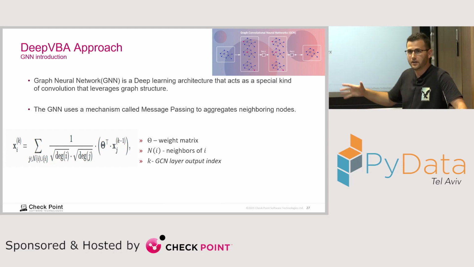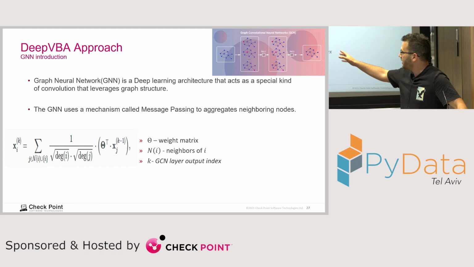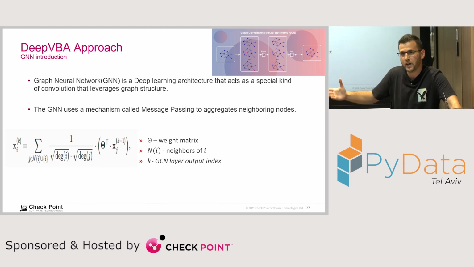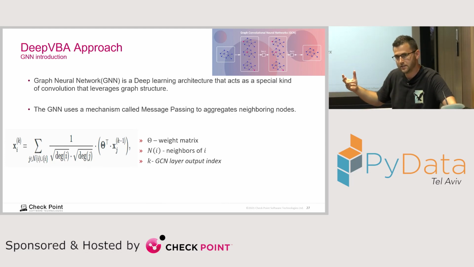If I use the analogy to a convolutional layer, Ni is the neighboring pixels, the neighboring nodes in this instance, and k is just the index of the layer in the whole architecture. And you can see here that when we aggregate, we also normalize each node embedding by the degree of the node, okay?